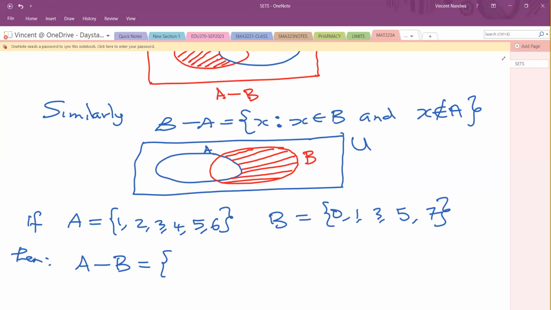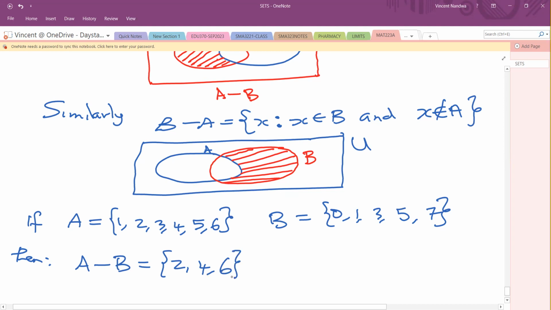A minus B will have which elements? 2, 4, and 6, correct.